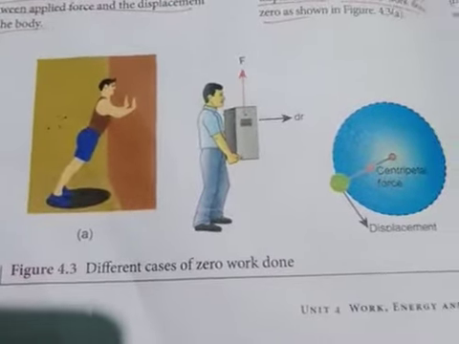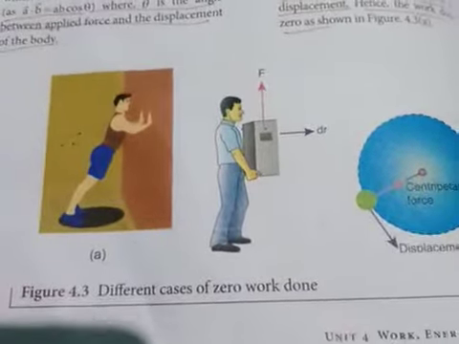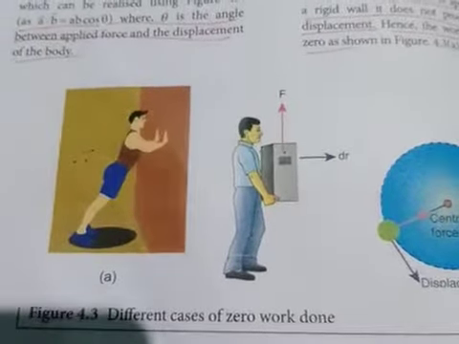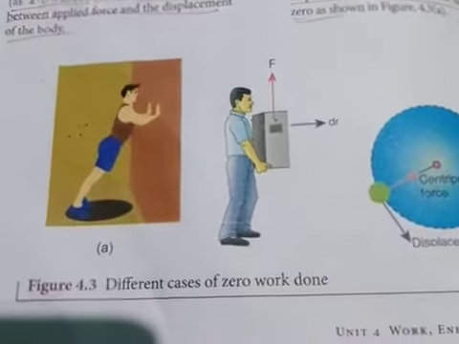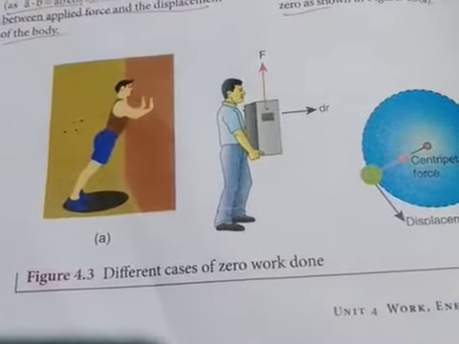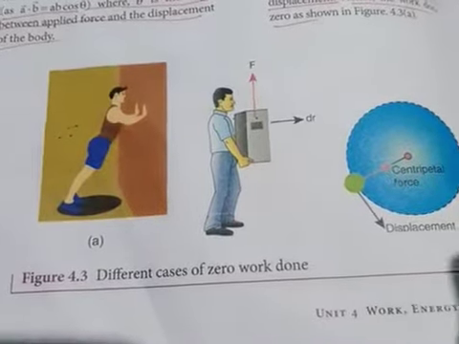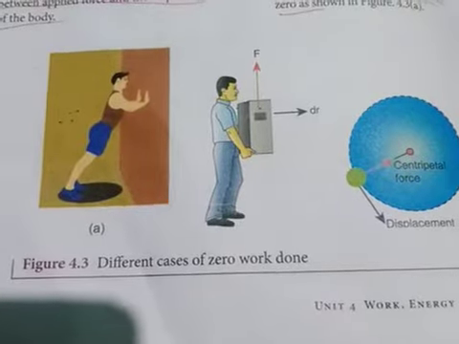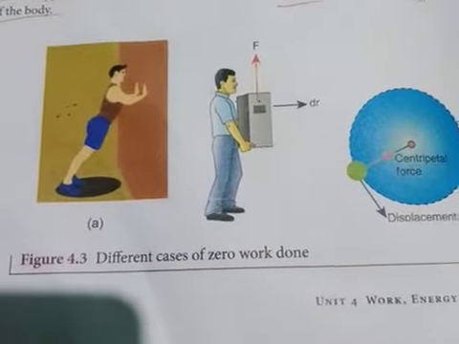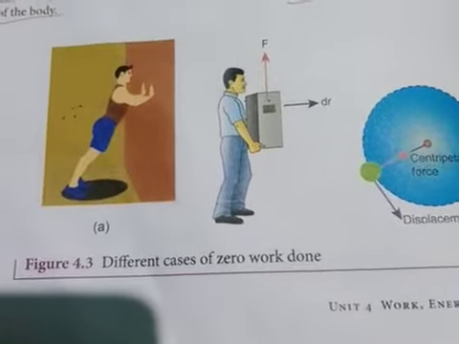There are some experiments which were done by Galileo, so we can use a horizontal frictionless smooth surface. We kept an object and that object is displaced, but there is no force applied on the object, so we can tell that work done is 0. So that is the first case.